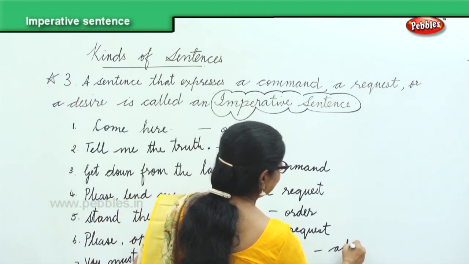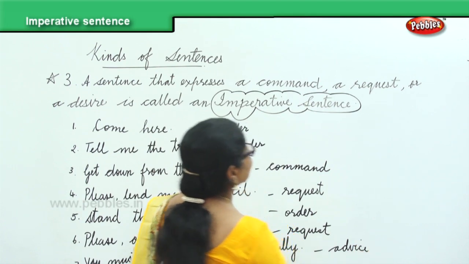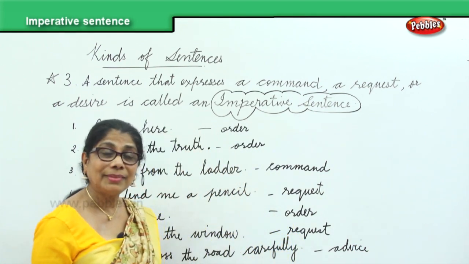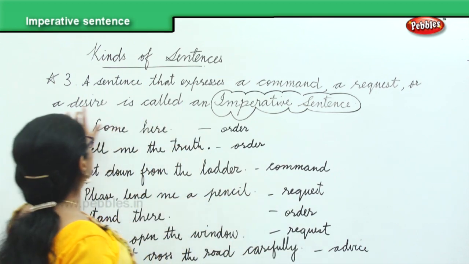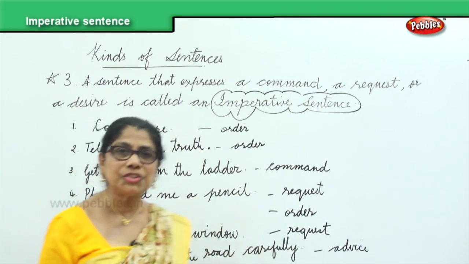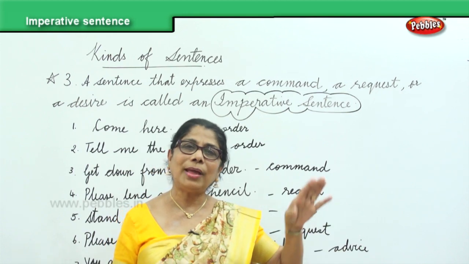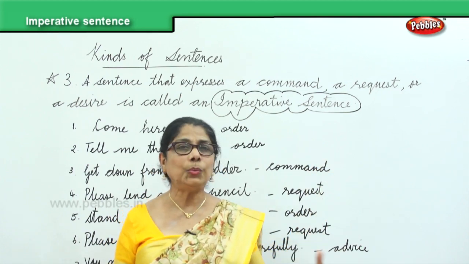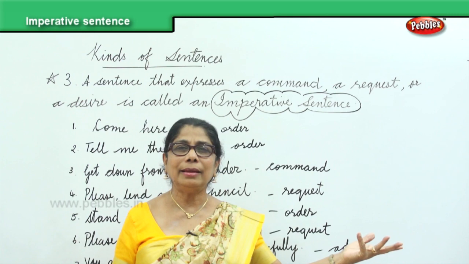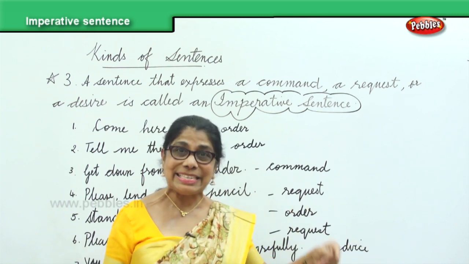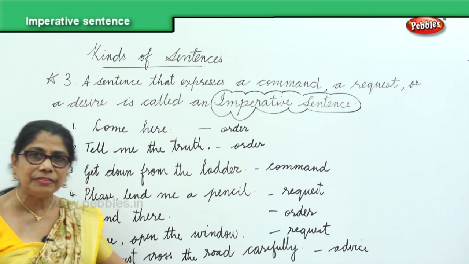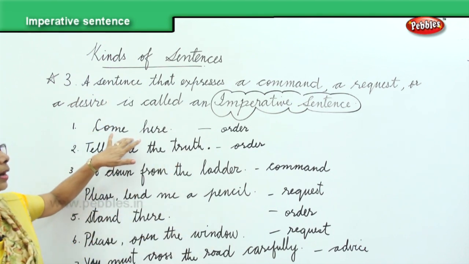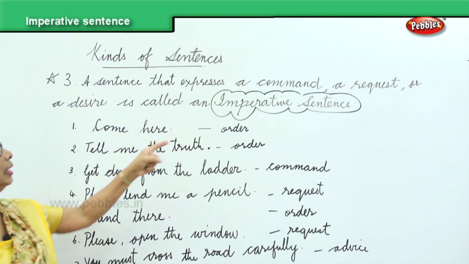Advise. I wish I had some nice storybooks. Desire, wish. I wish I could fly in an airplane. I wish I could travel in a train. Wishing, desiring. Okay, now, these are all imperative sentences, but for each one you find out, is it an order, is it a command, is it a request?